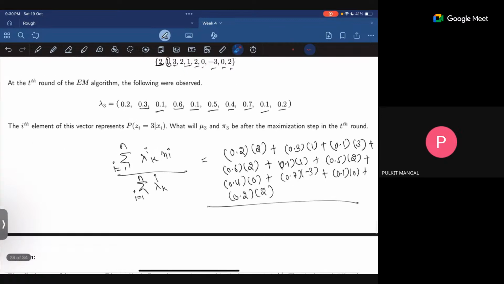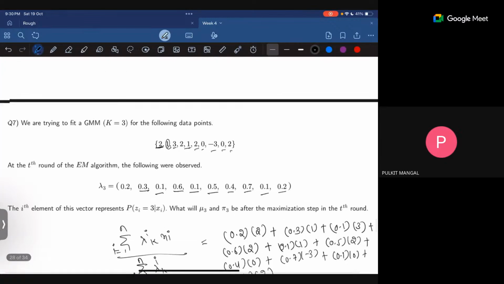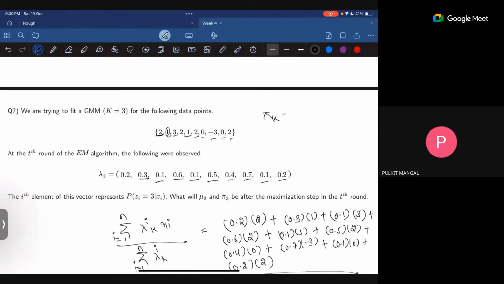Okay, so the formula for updated pi k is similar: lambda ik divided by n. It's just the mean of the posterior probability. Just a simple mean, of the posterior probability for the kth component.